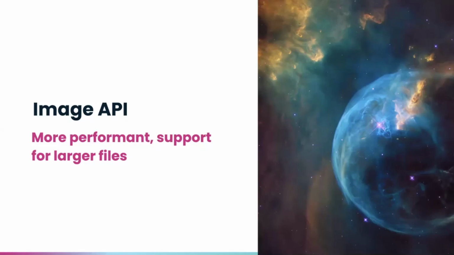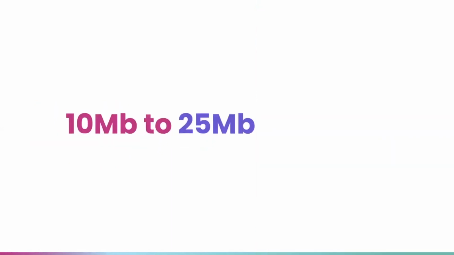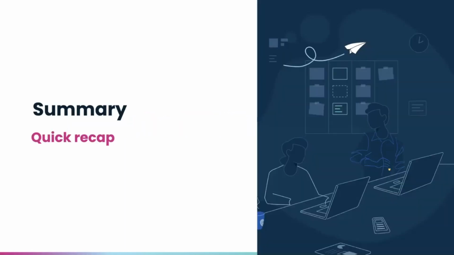So we've been able to increase the file size restriction from 10 megabyte to 25 megabyte. And we're hoping that will enable you to use the image API more on larger assets whilst retaining the original asset size. So that's an update to the image API.